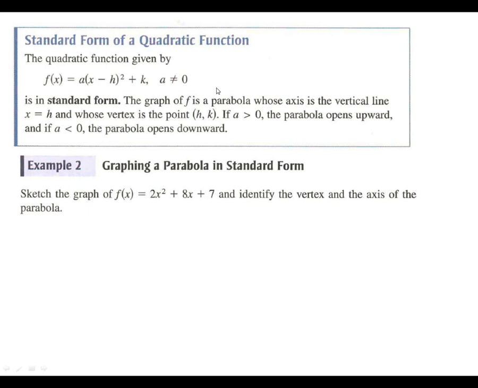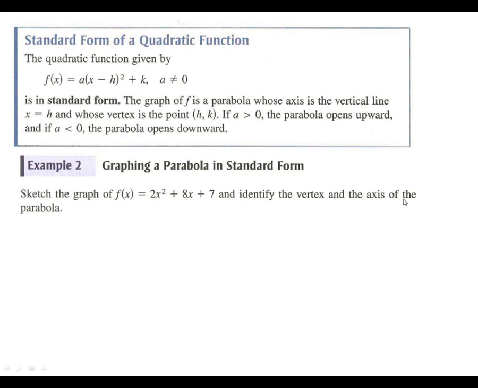Then our axis is the vertical line x equals h, whatever's in with the x. The vertex is at h comma k. That should sound familiar from our circle formula, h and k. And then again, if a opens upward, a is positive. If a is less than 0, negative, the parabola is going to go downwards.